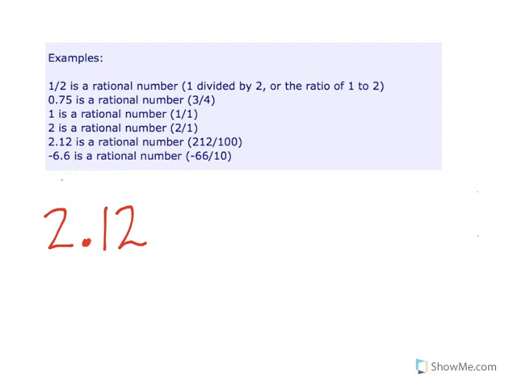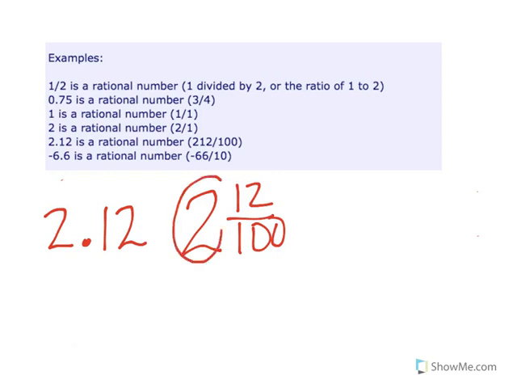Now, if I want to write that as a fraction, it would be 2 wholes and 12/100. Now, you can argue with me and say, well, Miss Benjamin, you said that a rational number is any number that looks like a fraction or a ratio. However, this has a whole number, so it's a mixed number, not a fraction. Well, you're correct, but can we make a mixed number look like a fraction?